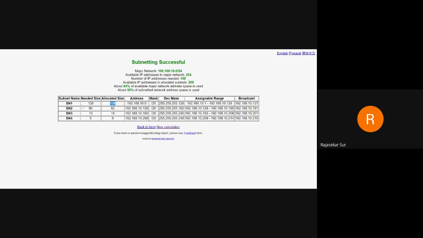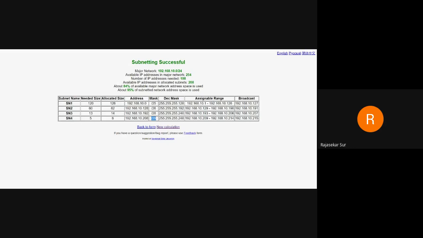Now, what is the concept? For the first subnet, the subnet mask is /25. For the second subnet, it is /26. For the third subnet, it is /28. For the fourth subnet, it is /29. In the previous problem, with fixed length, we got 26, 26, 26, 26 for every subnet. The same subnet mask for all subnets is called fixed length.